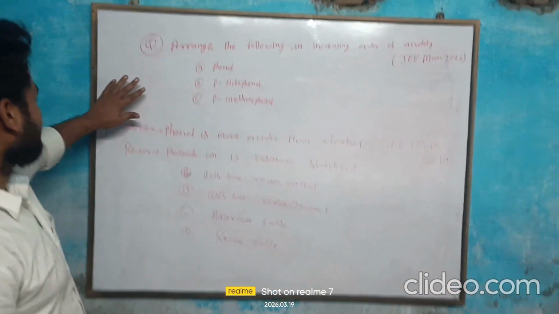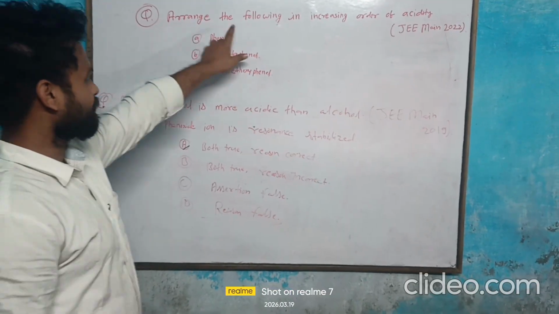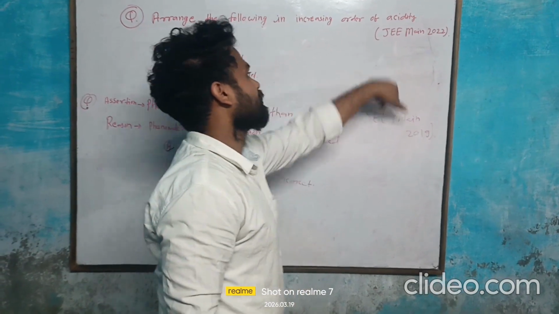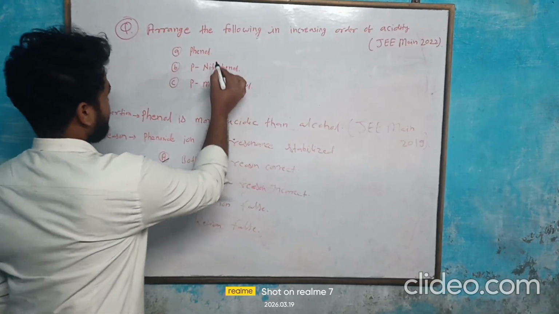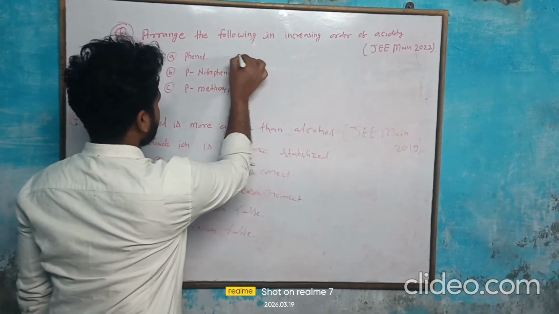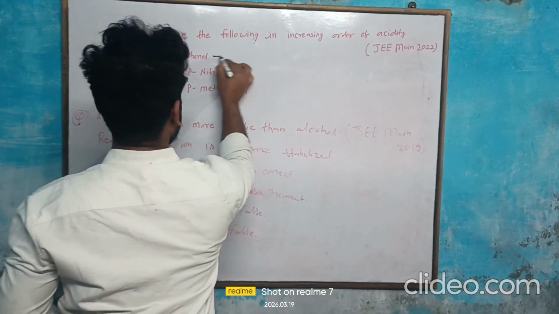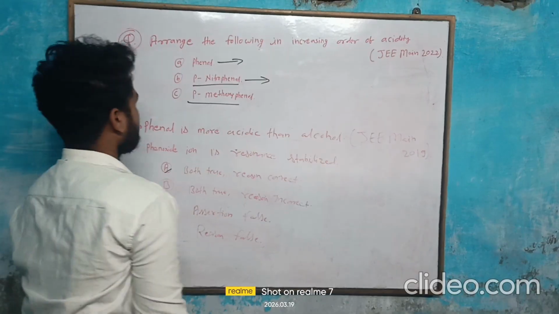These two questions are related to the acidic character of phenol. First question is, arrange the following in increasing order of acidity. This was asked in JEE Main 2022. Here 3 examples are given: phenol, para-nitrophenol and para-methoxyphenol.